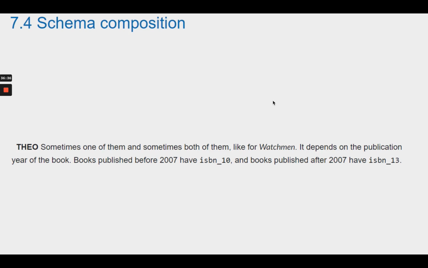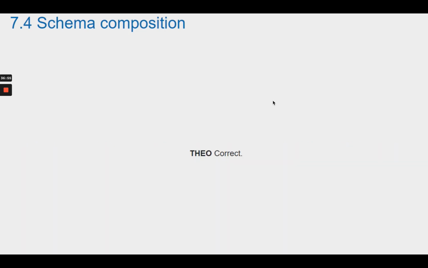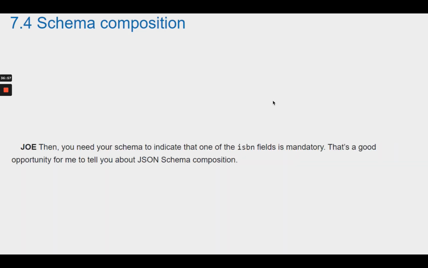Books published before 2007 have ISBN_10, and books published after 2007 have ISBN_13. Joe: Oh, I see. And Watchmen has both because it was originally published in 1986, but published again after 2007. Theo: Correct.